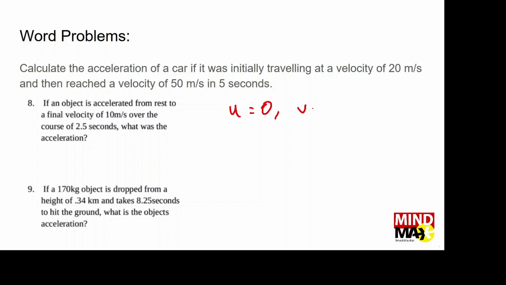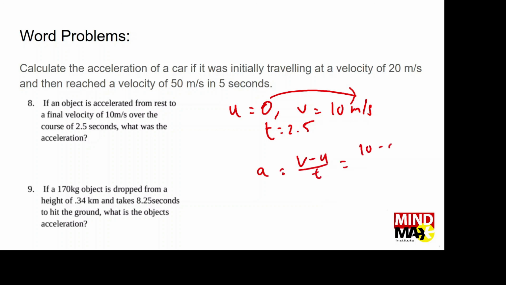The final velocity is 10, and it takes 2.5 seconds to go from 0 to 10 meters per second. What's the acceleration? v minus u by t, final velocity minus starting velocity by time taken. So 10 minus 0 divided by 2.5 comes to 4 meters per second squared. That is the acceleration of the object in question number 8.